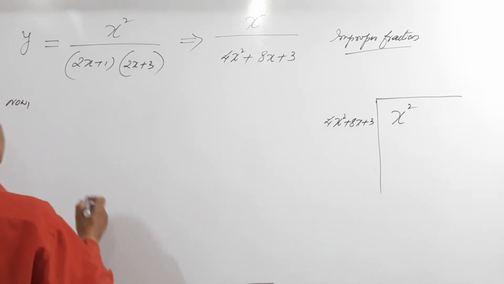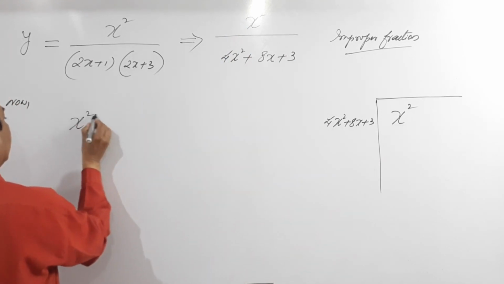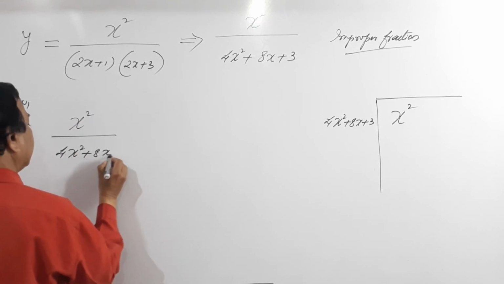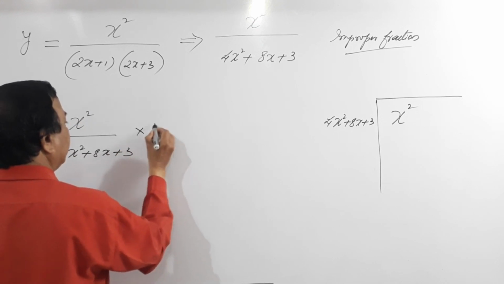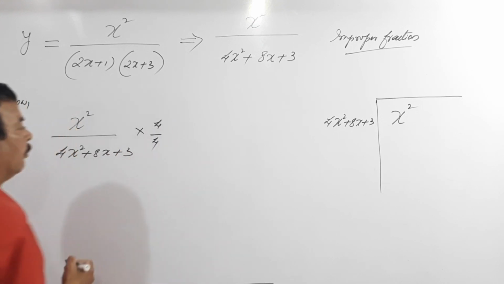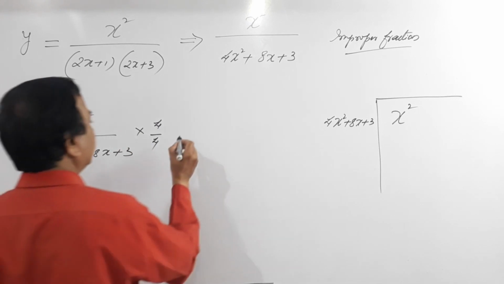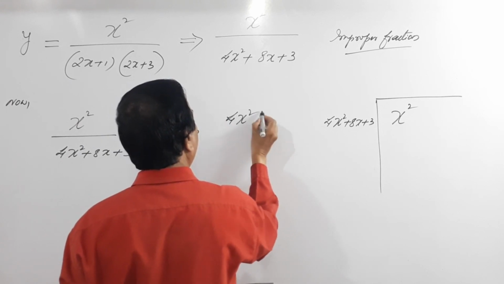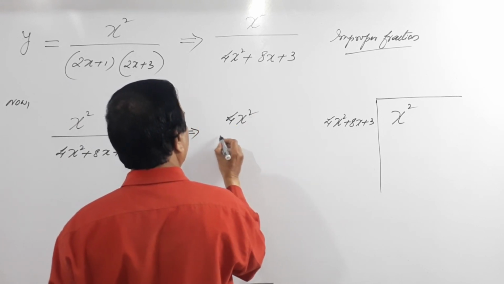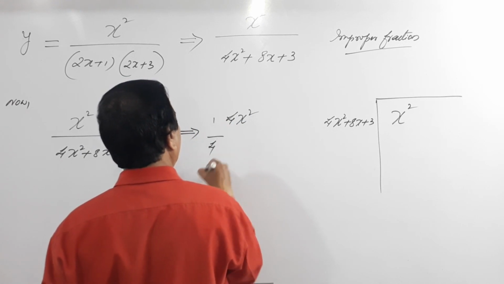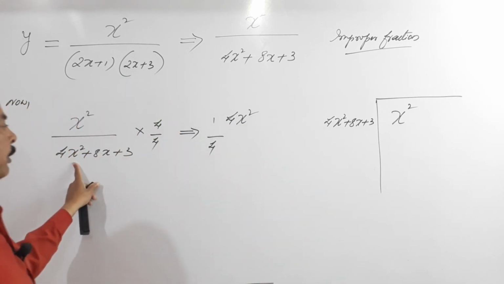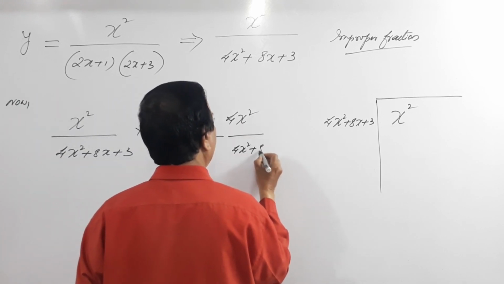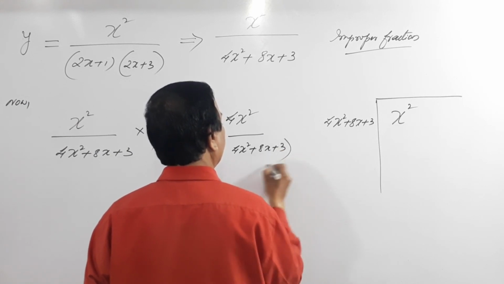So x square by 4x square plus 8x plus 3 becomes 1 by 4, which I write separately because I want to retain it, times 4x square by 4x square plus 8x plus 3.